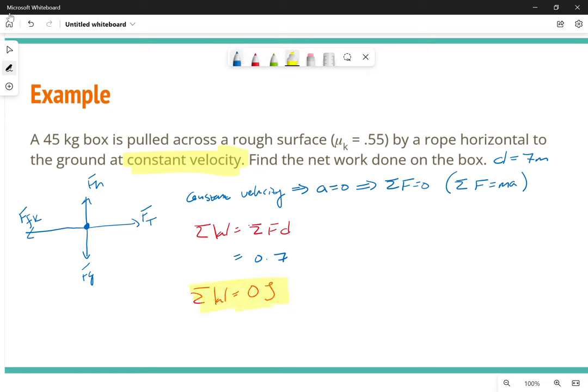And so that's one way that being able to make this immediate connection, of net work being equal to net force times d, can keep you from having to do a lot of work. Pun intended. So over here, you could add these all up separately. That's totally viable, but that problem would probably take you 15 minutes to work out. If I see this connection, then I can immediately jump here and it becomes a lot easier.